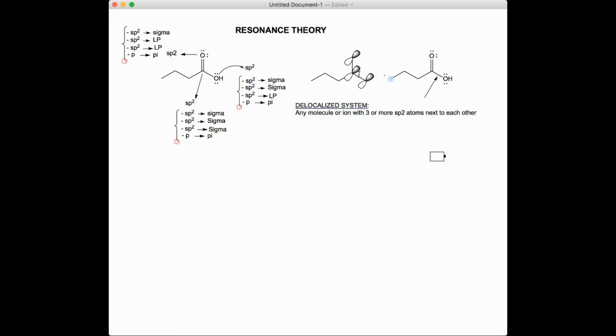And you can see how in any delocalized system, a single Lewis structure fails to really give us the real structure of such a delocalized system. So there is a problem here. There is a failure of the Lewis structures that we have been studying so far, because a single one of them is really not giving us the much needed accurate representation of the electronic structures and the bonds of these molecules.